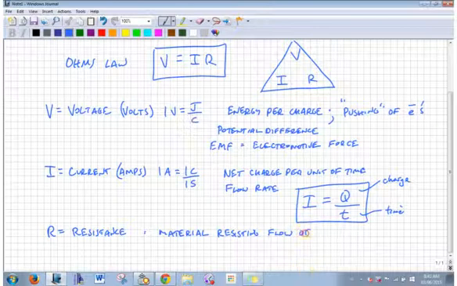Let's put flow of charge. What do we use in our houses these days? Copper or aluminum? We use both. Okay? Aluminum is cheaper than copper right now.